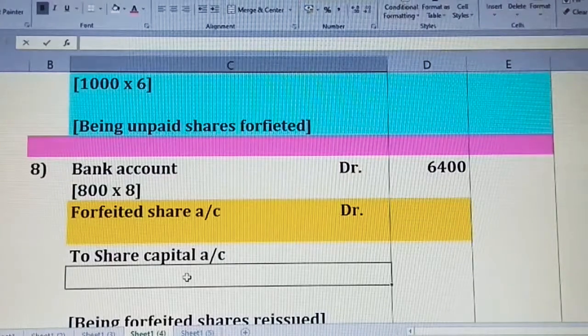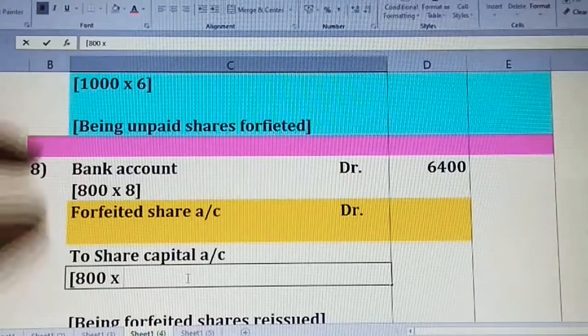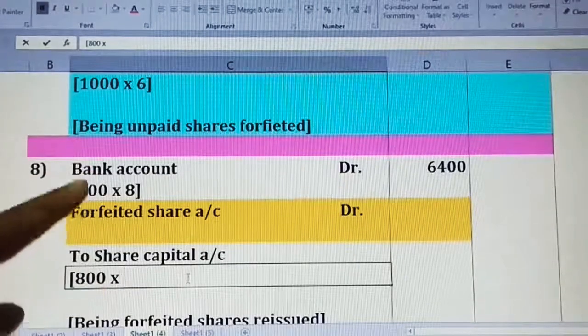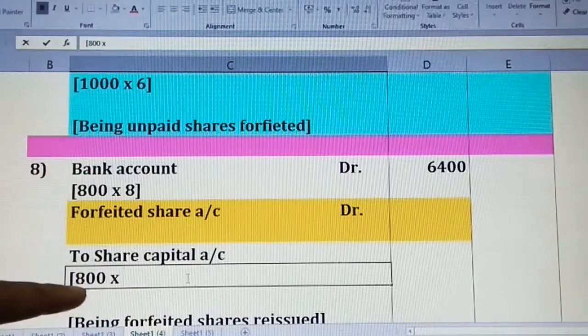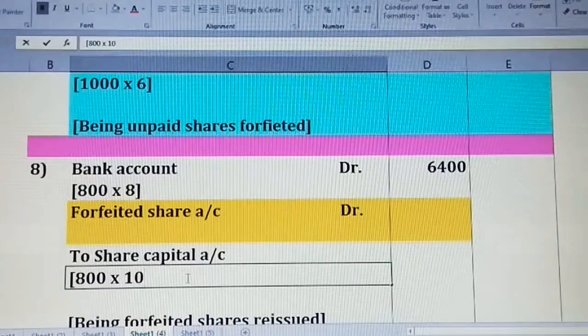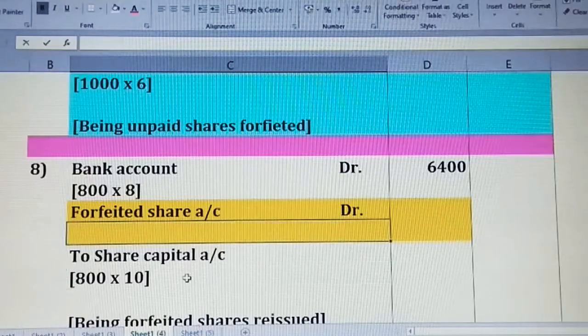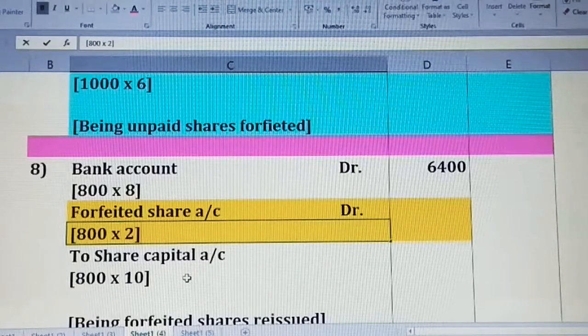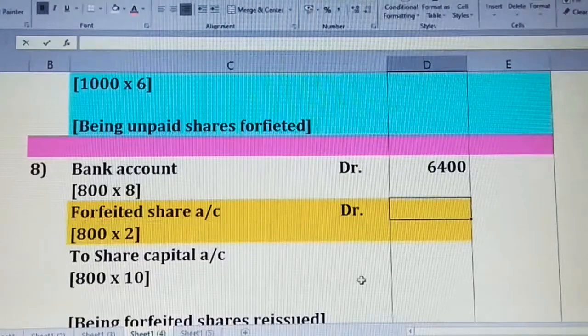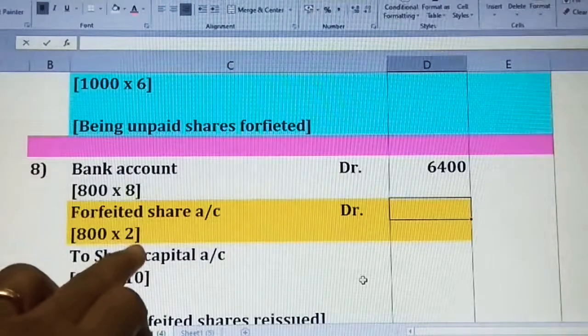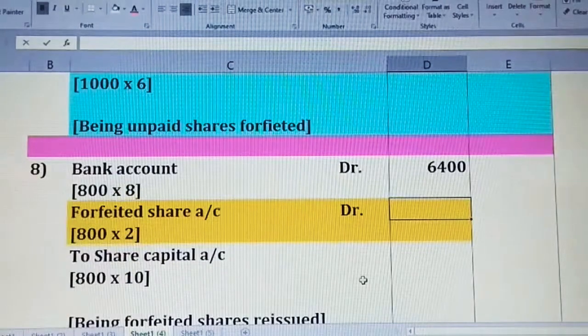So let us move on to the next. Share capital account, take 800. Whatever the instruction given, the same has to get affected everywhere. Clear? So 800 into the face value of 10. Now the difference is going to be 800 into 2, since 10 minus 8 gives you 2.